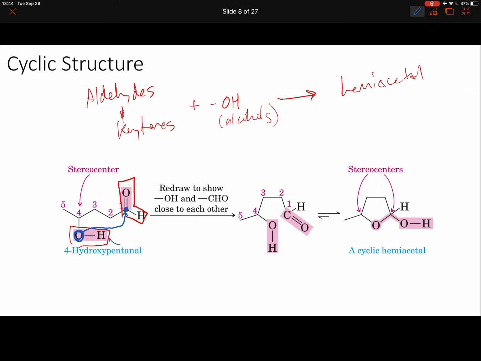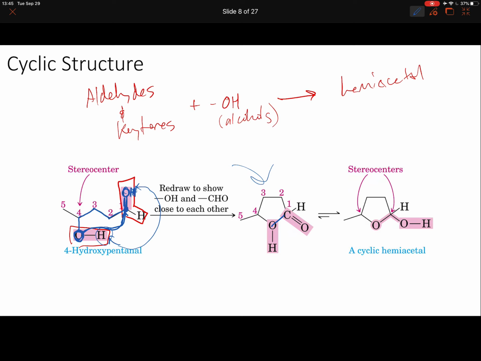And this H is going to switch to go up on this oxygen. So the net result is that we formed a ring between the carbons, the O, and that other carbon, and that carbonyl carbon is now an alcohol group. And so you can kind of see that here, connect them with a line to show that they formed a ring.